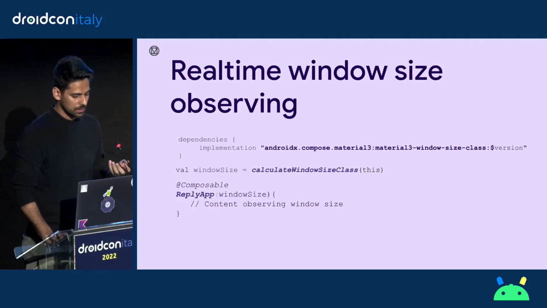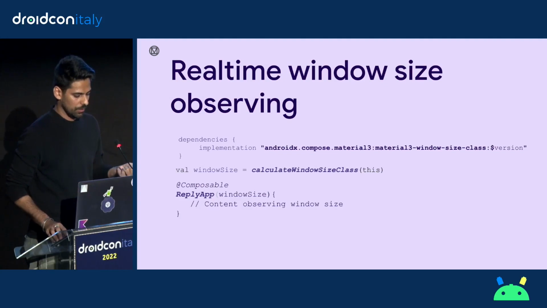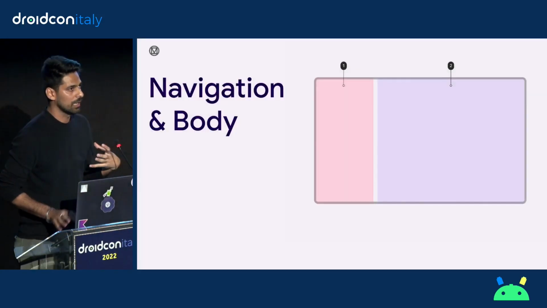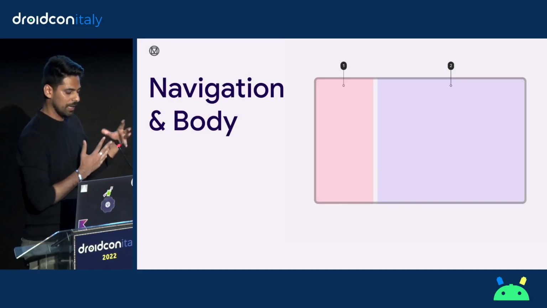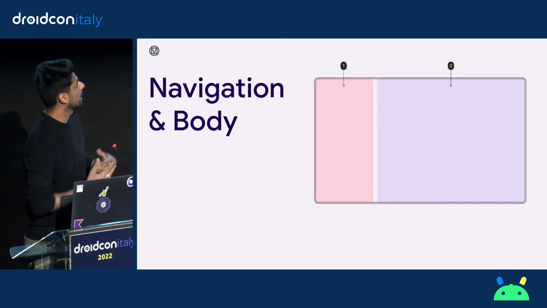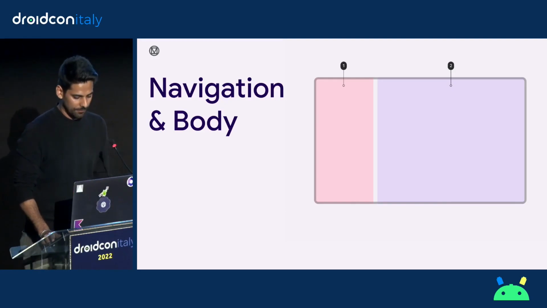But our content needs to react to this window size, so we think of the content as we previously saw, in terms of how we want to design it and how we want it to react. We have a navigation area, which can be different depending on the width or height. We have a body area, which can be different depending on the width and height. So let's see the navigation first.